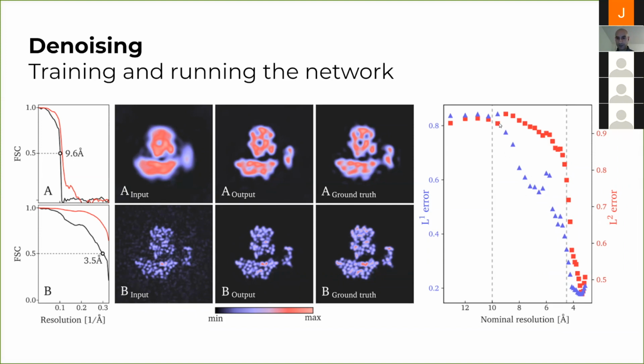So you can see that for lower resolutions, the network doesn't improve that much on the L1 norm, or the L1 error, until around 10 angstrom resolution, where it starts improving quite a lot, and the error becomes smaller and smaller. And then around 4 angstrom, it caps in how much more information it can bring into the reconstruction.